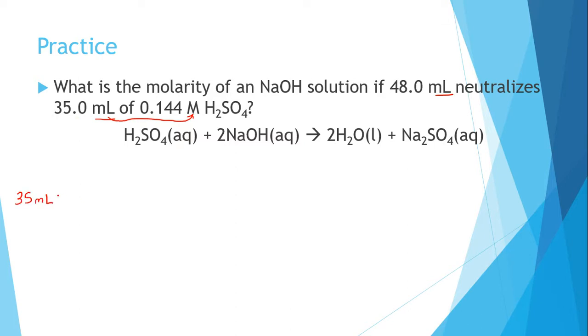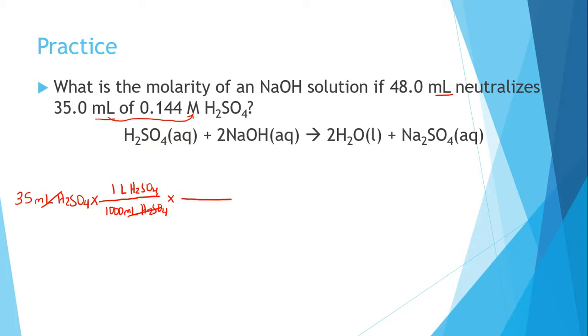And this, of course, is still H2SO4. We got to get it out of milliliters. So here there are 1,000 milliliters for 1 liter. This cancels out my milliliters of H2SO4.